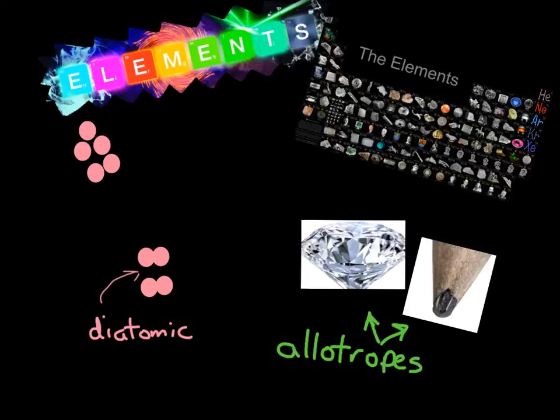A second special type of element is what we call an allotrope. Both diamond and graphite are made of elemental carbon. However, due to different pressures and temperatures, they form differently. I personally would rather have the diamond, not sure about you.